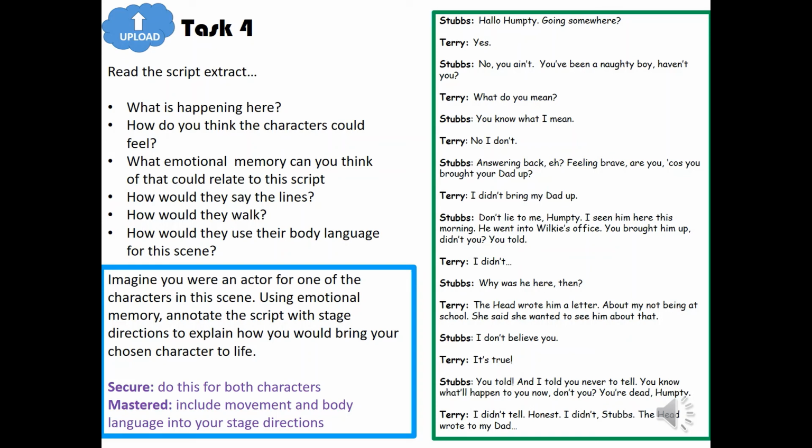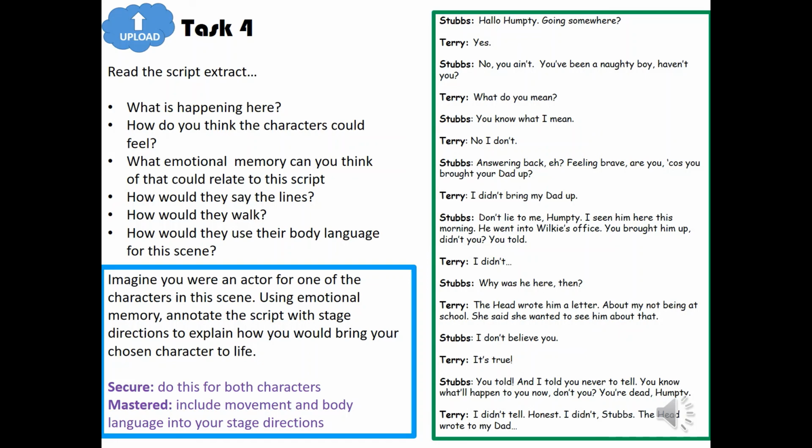Example 2. Okay. Hello, Humpty. Going somewhere? Yes. No, you ain't. You've been a naughty boy, haven't you? What do you mean? You know what I mean. No, I don't. Answering back, feeling brave, are you? Because you brought your dad up? I didn't bring my dad up. Don't lie to me, Humpty. I seen him here this morning. He went into Wilkie's office. You brought him up, didn't you? You told.